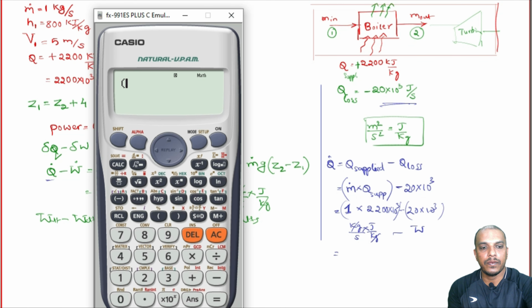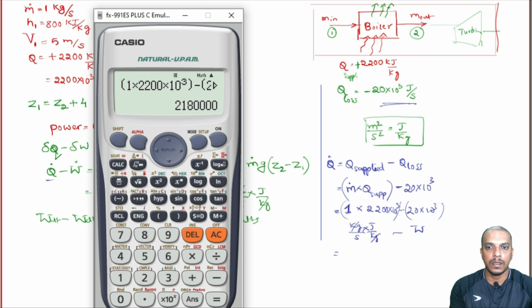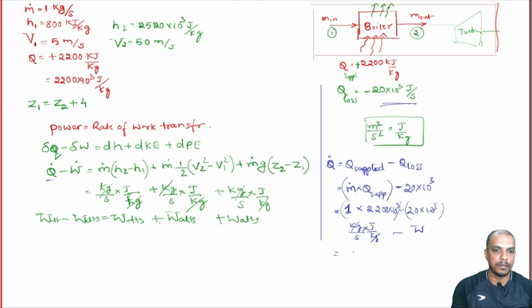One into this will be 1. So 1 into 2200 into 10 power 3 minus 20 into 10 power 3. So that will be 2.18 into 10 power 6.